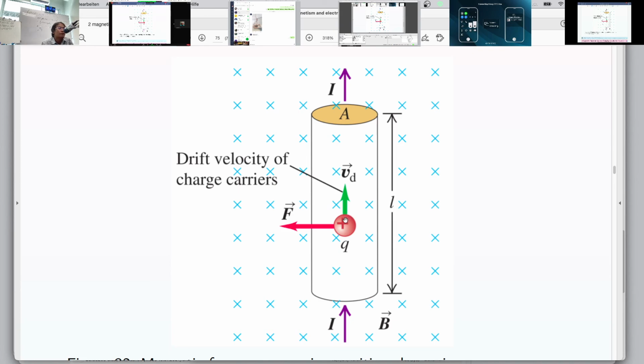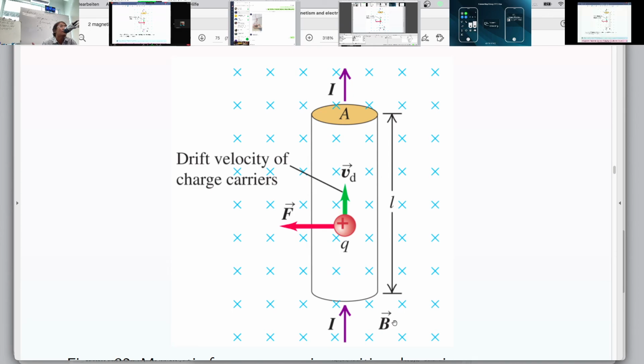From the previous topic, you have the formula: vector F equals Q, a scalar, times open parenthesis vector V cross vector B. That's the case for us.